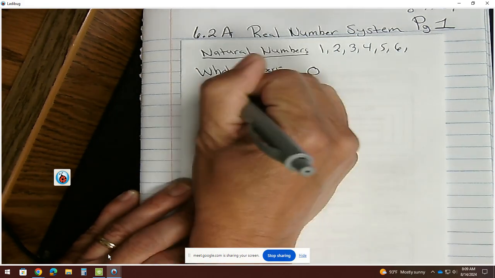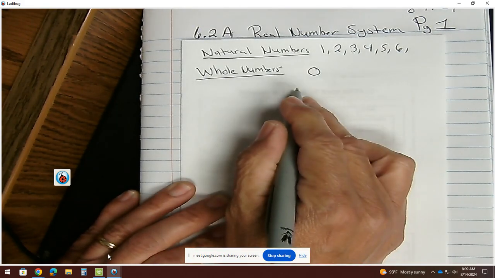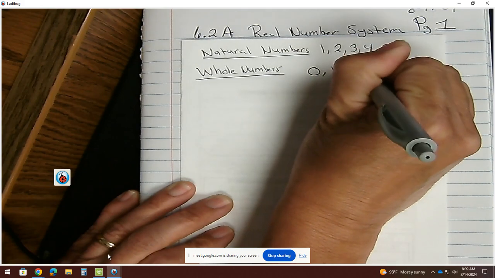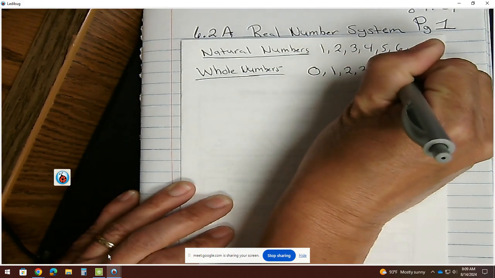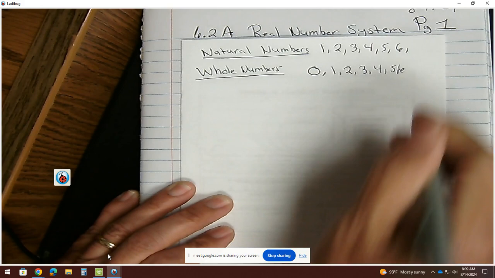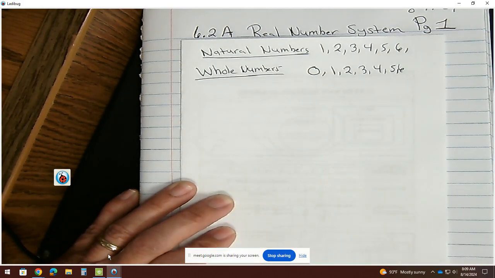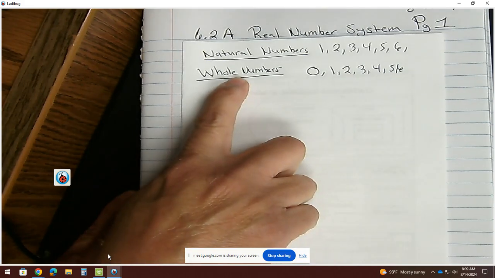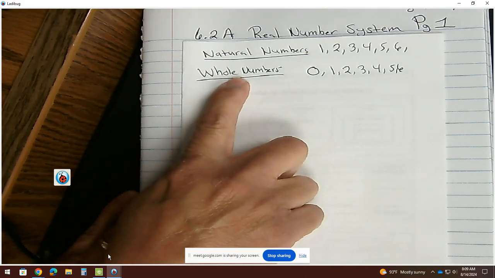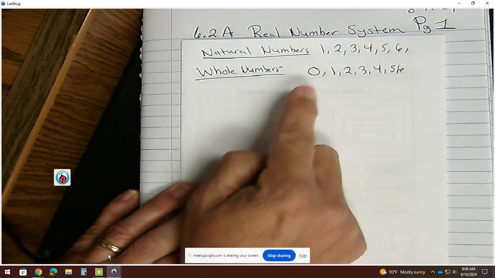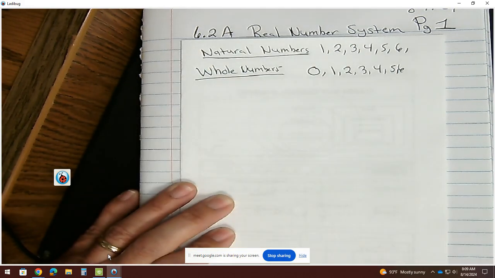So 0 comes in, he becomes the first whole of all wholes, but these are wholes also now. So you see that 5? That 5 can say, hey, I'm a natural number, but I'm also a whole number. These become part of the wholes. So who's included now? 0 is included. Questions?